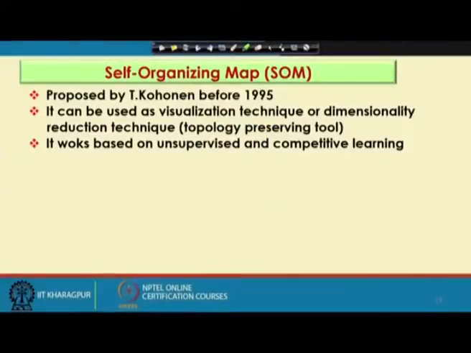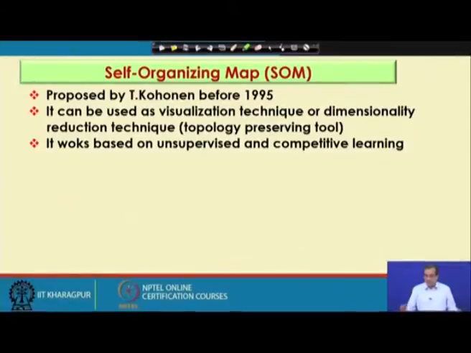Now, it works based on unsupervised and competitive learning. This is unsupervised learning, because here there is no known input output relationship, and if there is no such relationship, we will have to take the help of competitive learning. How to implement the competitive learning, that I am going to discuss in details.